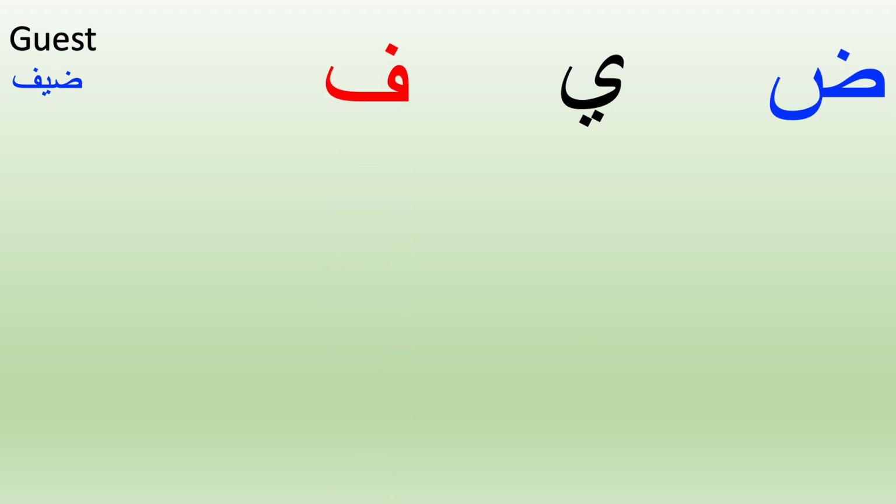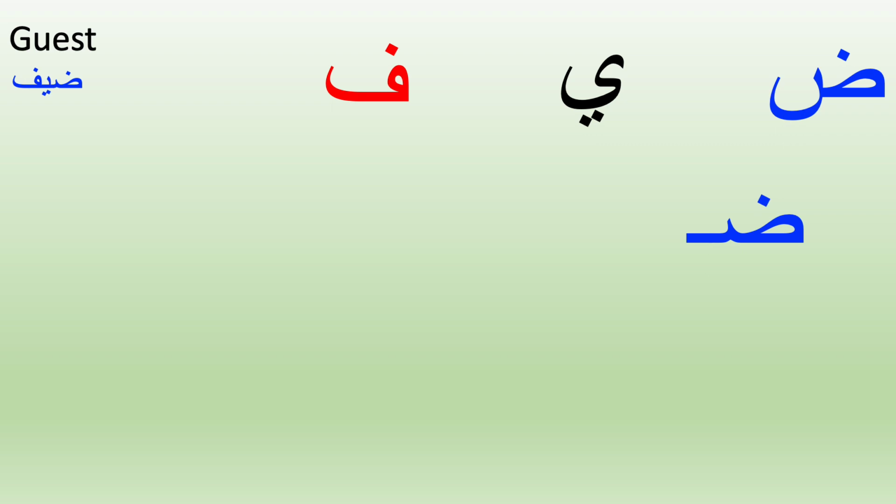Let's now have some examples. We have the word guest in English. In Arabic, this is ضيف. The component letters of this word are ضاد, ياء, فاء. The initial dad will connect with the following letter ya, and it will take this shape.